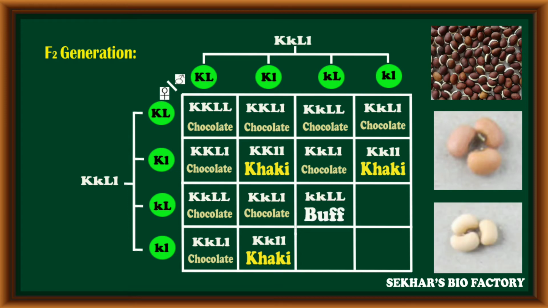In the next combination, the first gene, K gene, is present in homozygous recessive condition, so even though the L gene is present in dominant condition, it never influences the K gene. Because of small k, capital L allelic combination, the buff color seed coat will be expressed. The next combination, small k, capital L, small l, also gives buff color.